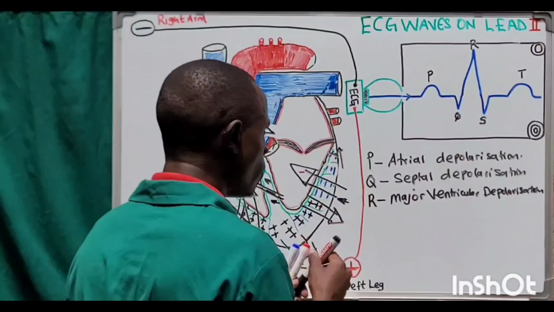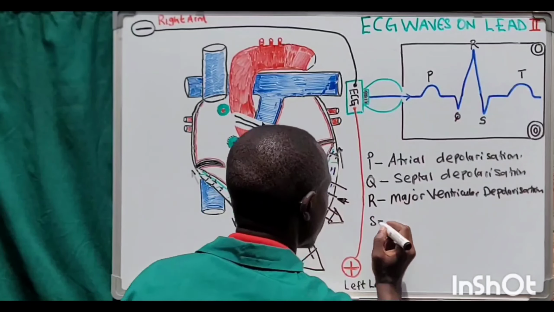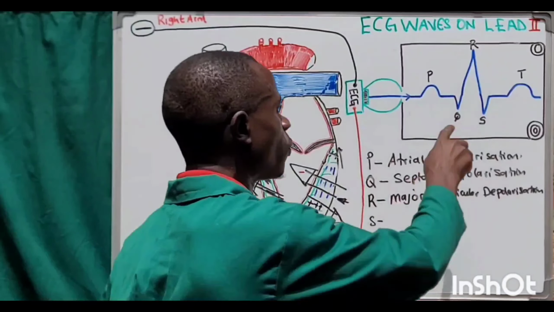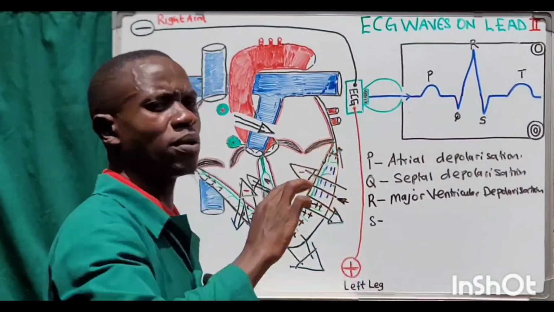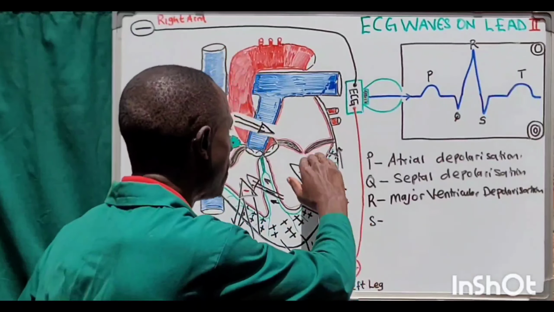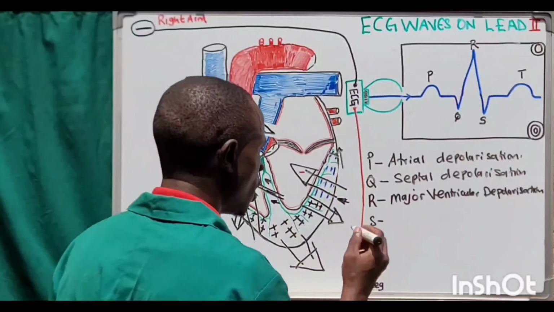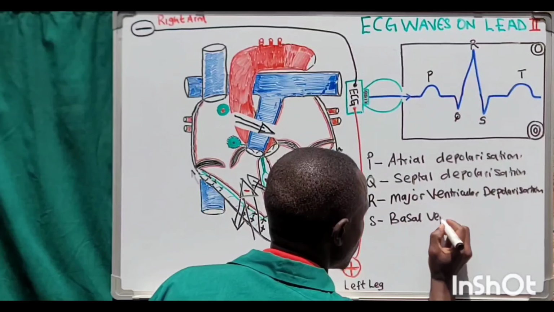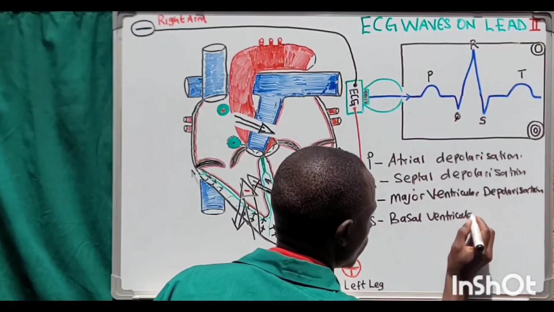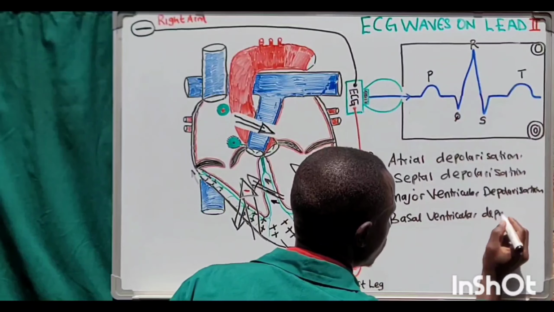And then we moved to the S wave. When we moved to the S wave, we said that this one was mainly focusing on basal ventricular depolarization, the base of the ventricles.